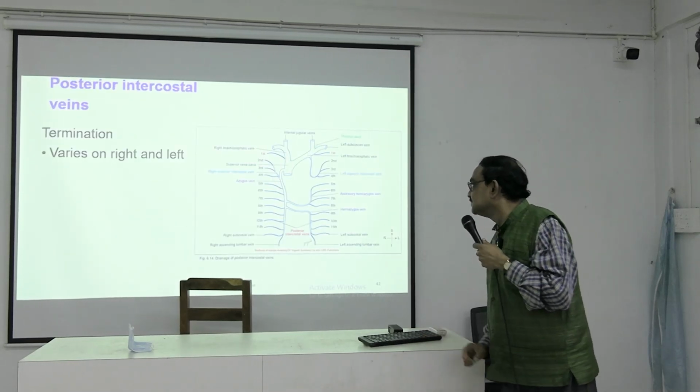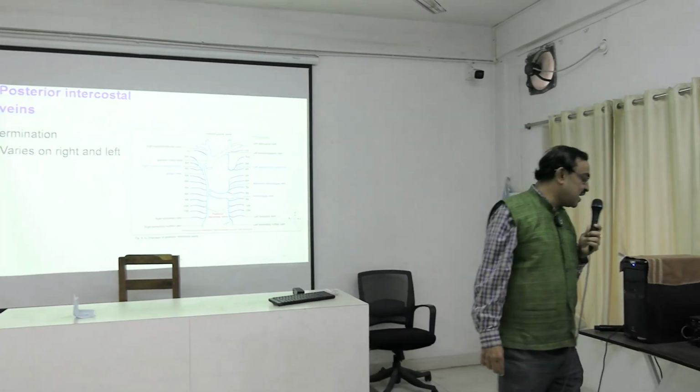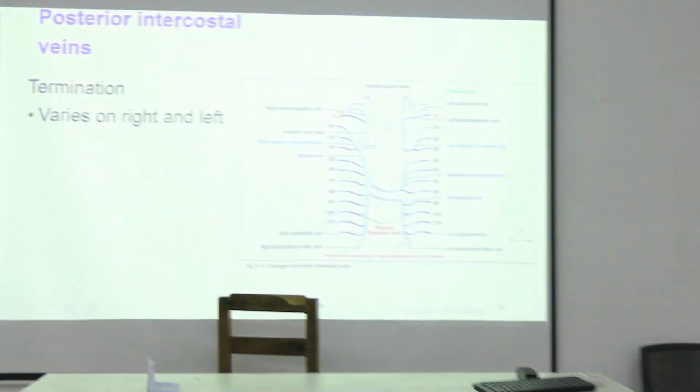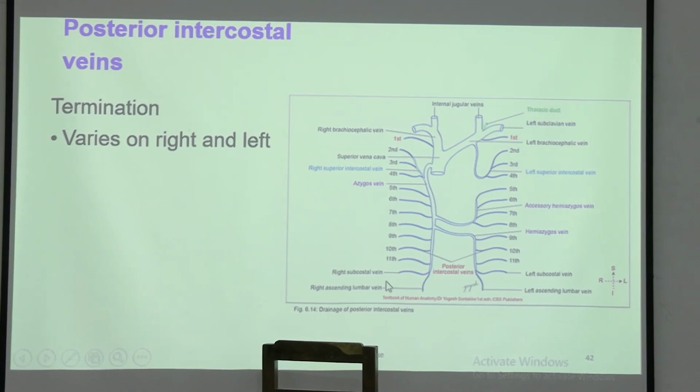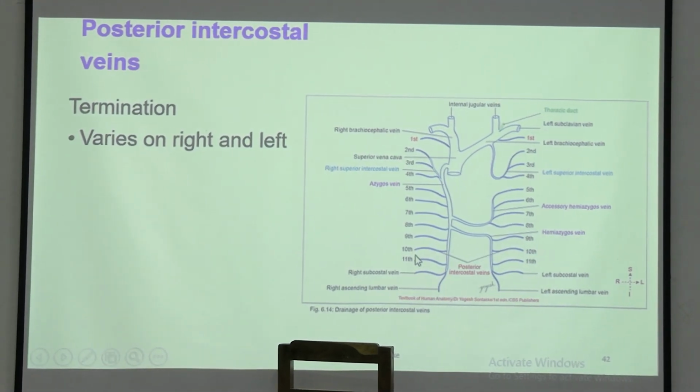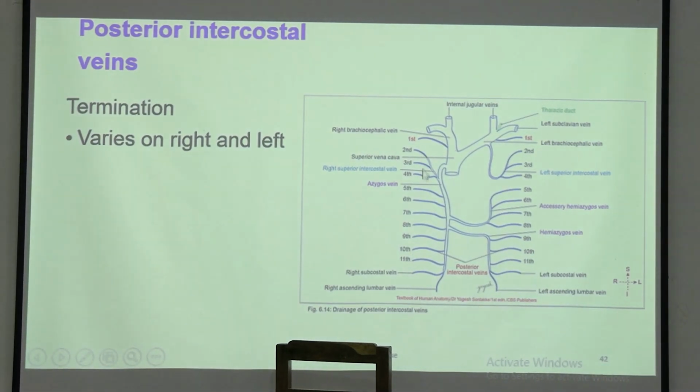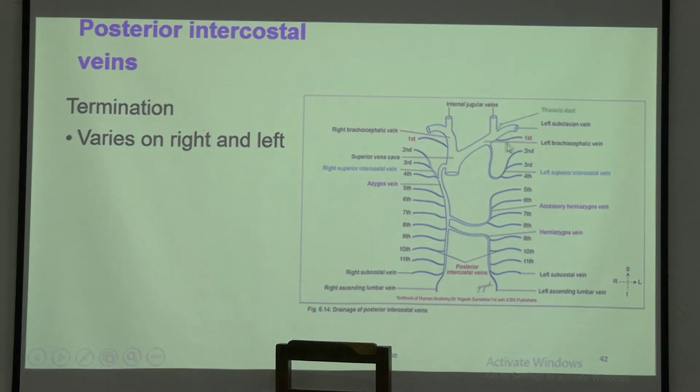But you can find the posterior intercostal veins, first, second, third, fourth, fifth, up to the 11th space. So there are 11 posterior intercostal veins. The first, on either side, drains into this trunk called right brachiocephalic, and this trunk called left brachiocephalic.